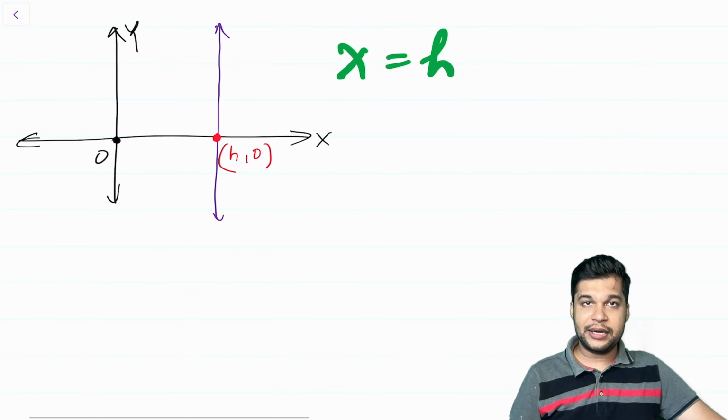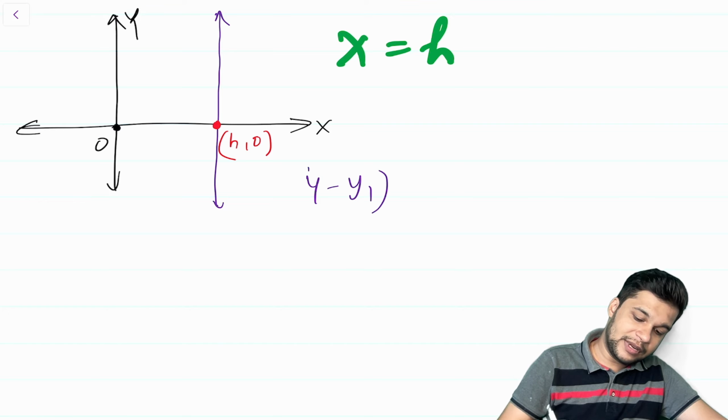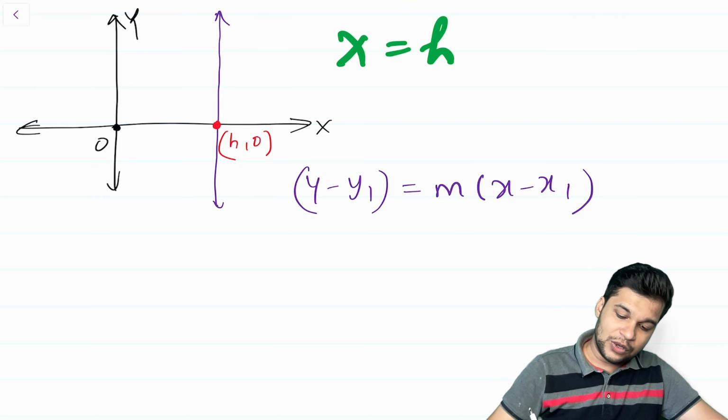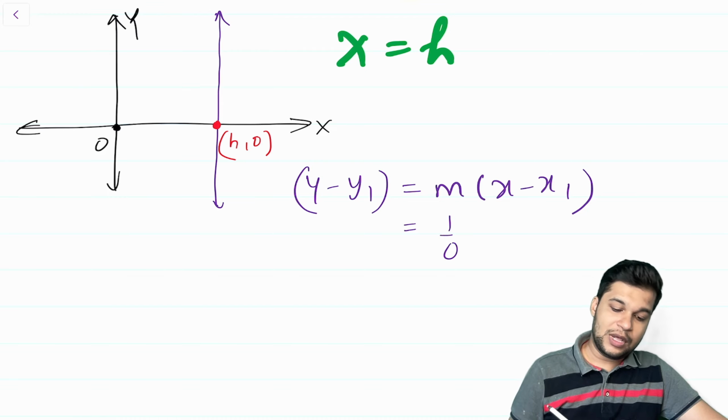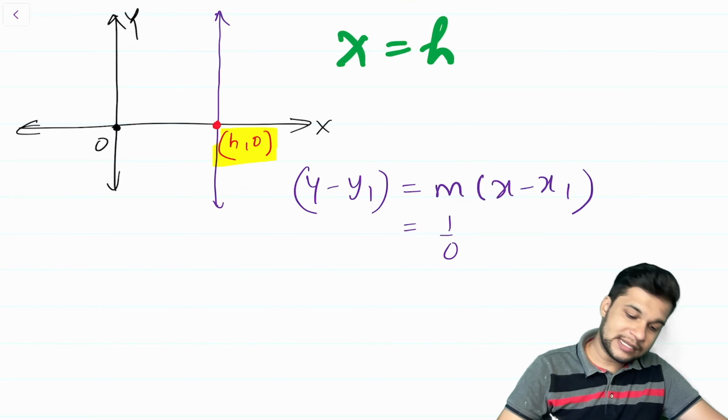How do I get it? Very easy. The slope point form is y minus y1 equal to m times x minus x1. The slope of any vertical line is 1 divided by 0, and it is passing through the point h comma 0.